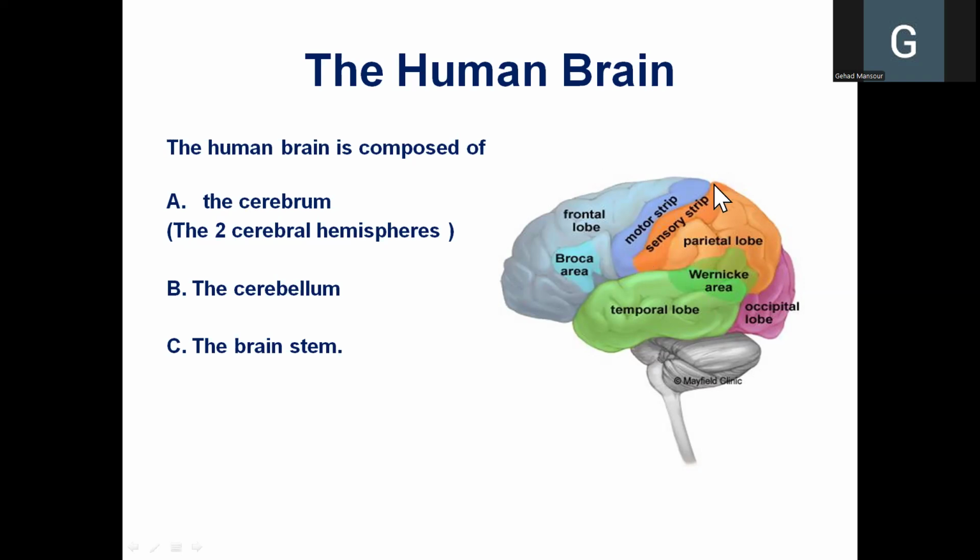So first of all, if you are asked to draw the cerebral hemisphere, then you will start by making this fissure, which is the lateral sulcus or lateral fissure, and then you draw another horizontal fissure that separates the frontal lobe from the temporal lobe. You needn't know its name now. So this lateral sulcus or fissure separates the frontal lobe anteriorly from the parietal lobe posteriorly.